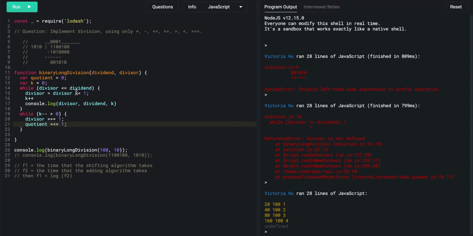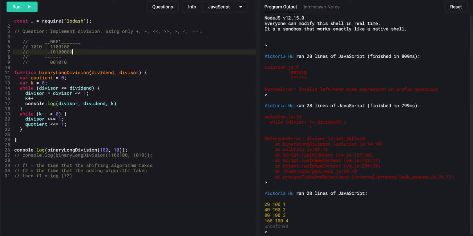So basically in long division, what that would look like is, at the end of the k, we would have k equals 4. Here we would have k equals 3. We would get this. And basically, this is to represent the 3 zeros that we would shift.